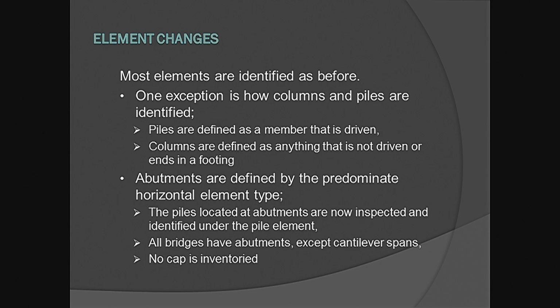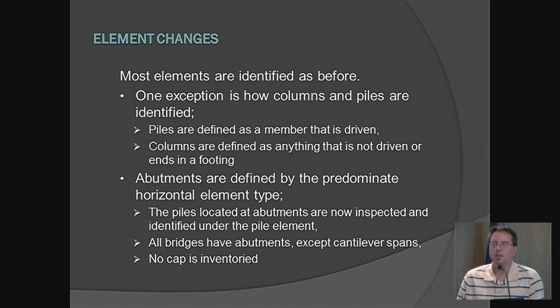So some of the element changes, again, ODOT was using its own version of element inspection before AASHTO made the changes, so there weren't a lot of things that ODOT had to change to update the program, but one of them that we ran into was how we're identifying the difference between columns and piles.